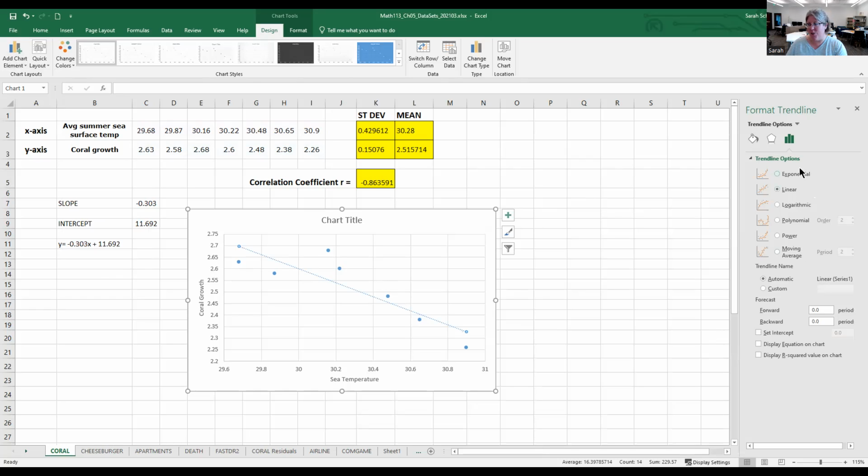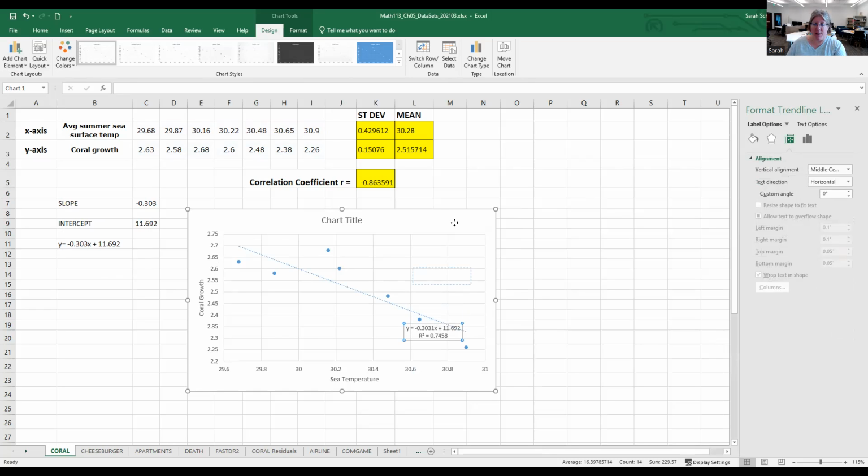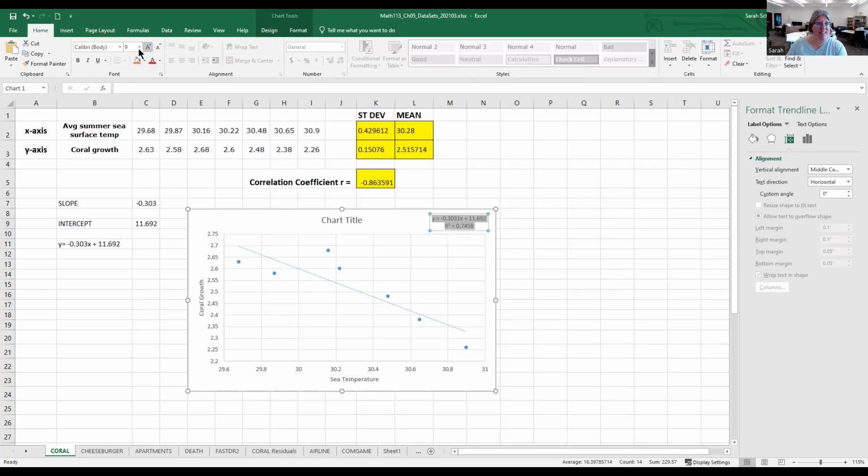You'll see that list of choices, exponential, linear, etc. So linear has been marked. And then all the way down at the bottom of the panel, you want to click the last two boxes on here. So the one that says display equation on chart, and then display the R squared value. Okay, and I'll talk about what the R squared is in just a little bit. So if you click on both of those, it'll give you both of those things in a box. And then let me make this a little bit bigger so it's easier to see.